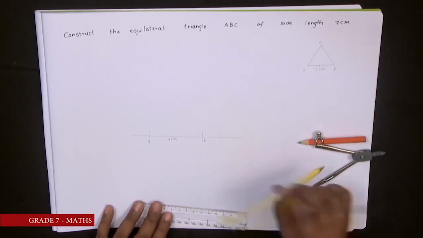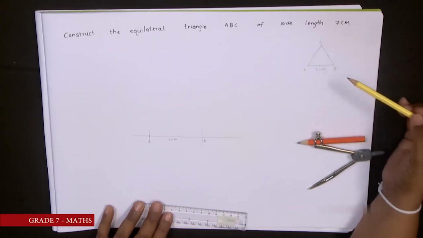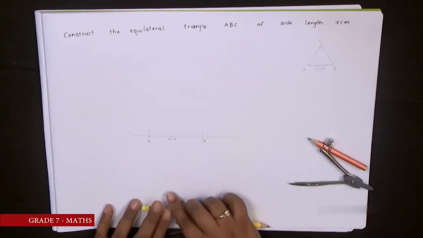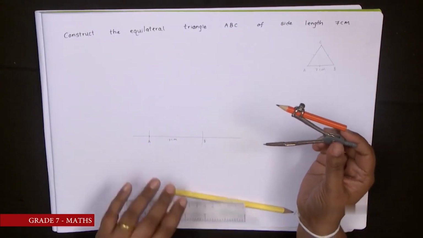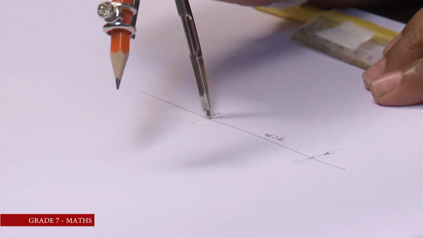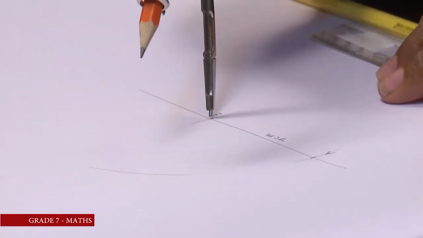So, we know that the length of AC is 7 centimeters and length of BC is also 7 centimeters. Therefore, without changing the length in my pair of compasses, I am going to place my pair of compasses on B and draw an arc.